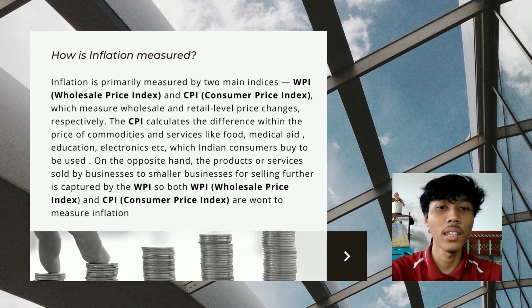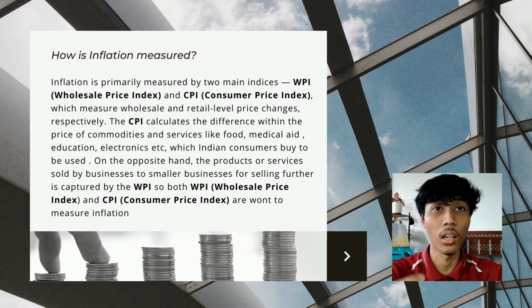While WPI, wholesale price index, calculates products or services sold by businesses to lower businesses for selling further, to further sell the product. Okay, so that's all on how it is measured.